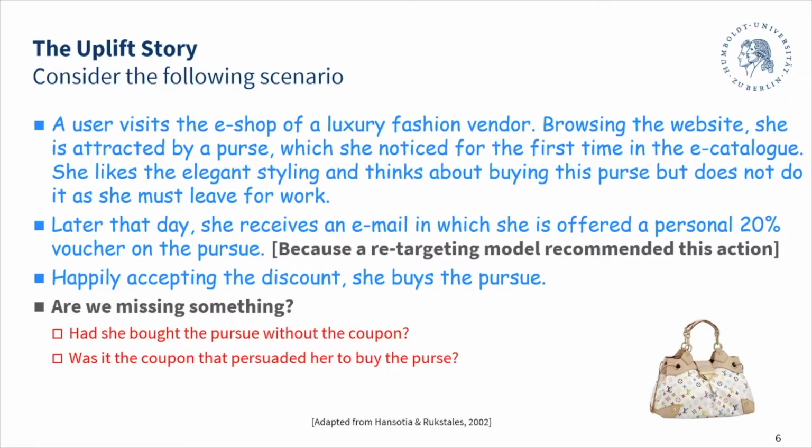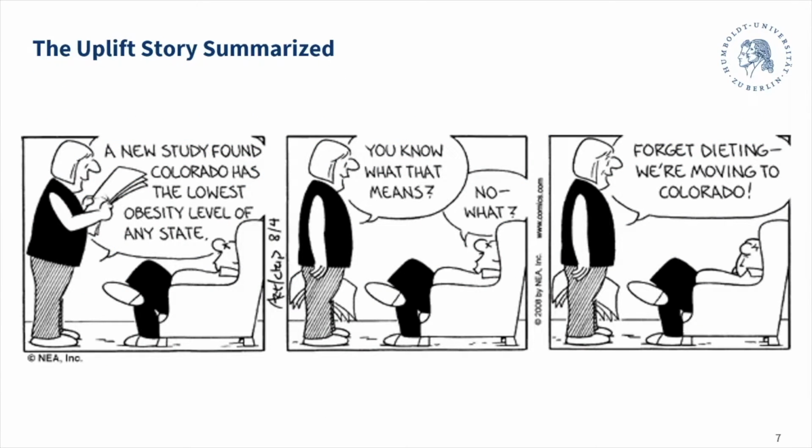We can predict purchase probabilities easily using the techniques that we know, using supervised machine learning. That's very easy. The target modeling approach just shown is pretty easy. It might, however, not be the right thing to do. Here's a funny anecdote, which reminds us why this is maybe not the right thing to do.